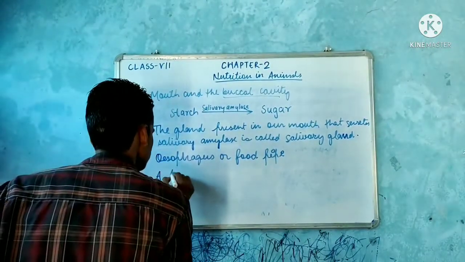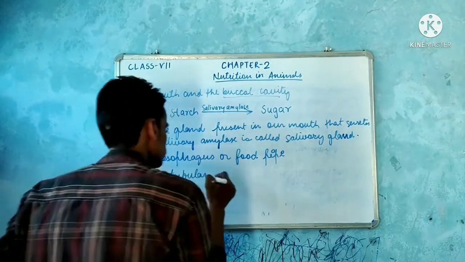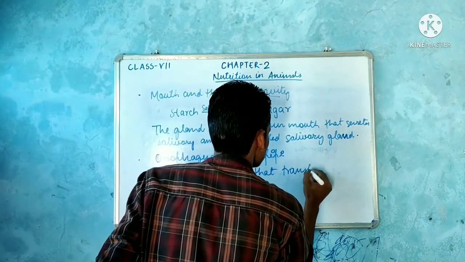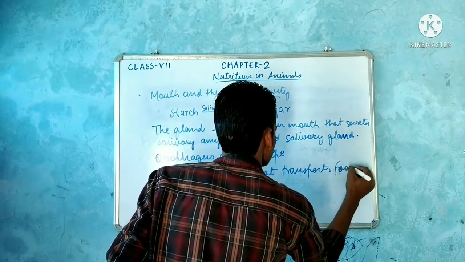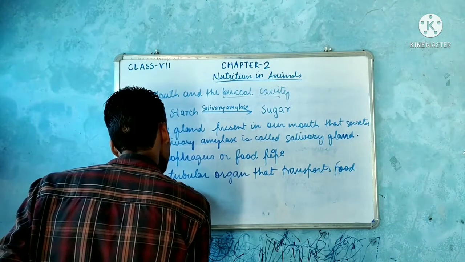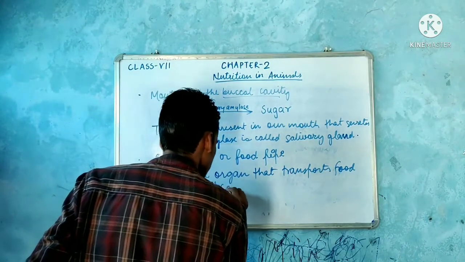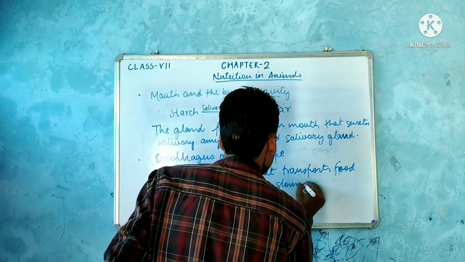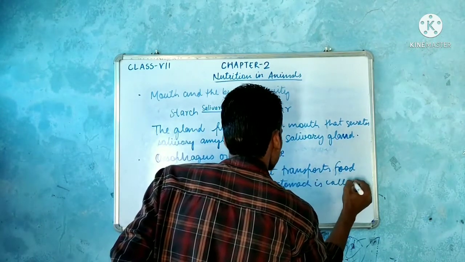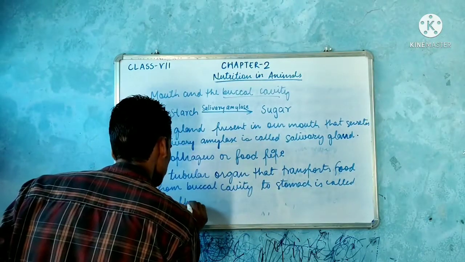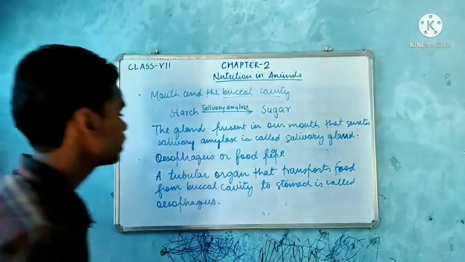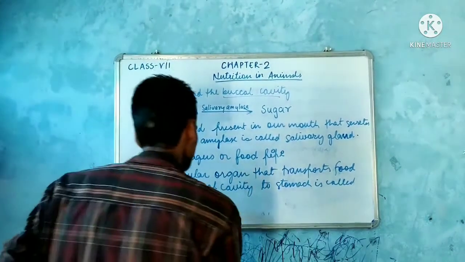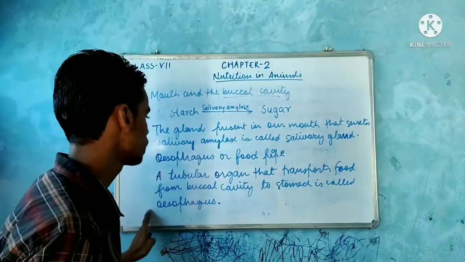Esophagus is a tubular organ that transports food from buccal cavity to stomach. No digestion takes place in esophagus or food pipe.